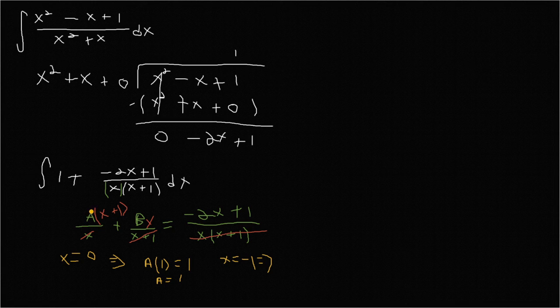And so we now have 0 plus negative 1 times b, so that's negative 1b, is going to be equal to, now we have to substitute it in over here. So we're going to say negative 2 times negative 1 is positive 2, and then plus 1, which is 3. And so b is equal to negative 3.